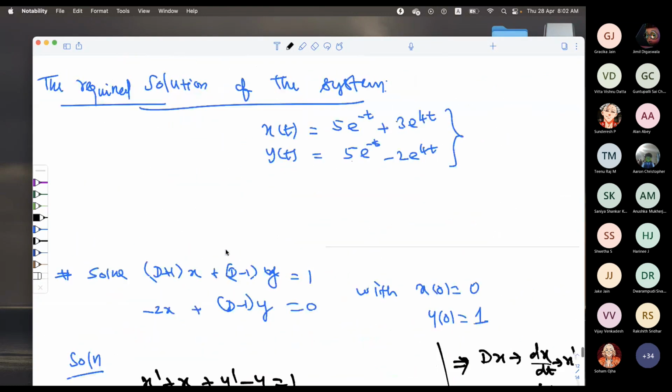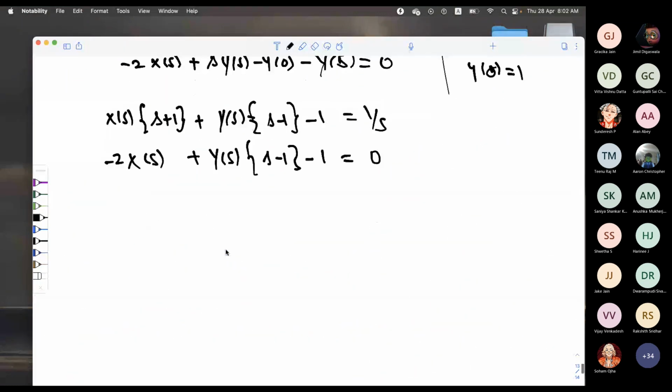Here also the same way. Shall we go with X(s)? This X(s) means the remaining two, s minus 1 and then s minus 1. This minus 1 means definitely it is going to produce 0, right? Yes, sir.